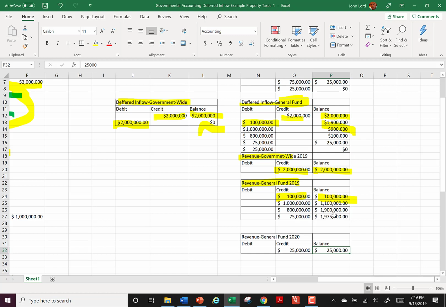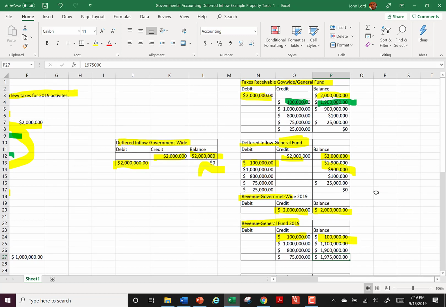So if you compare the two, and this is what I'm saying, guys, it's an overly puffed up example to illustrate the very simple point that if you look at the revenue, the difference between the general fund and the government-wide was what? Was the amount that fell outside the 60 days.